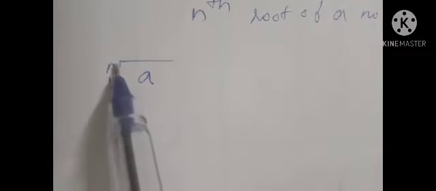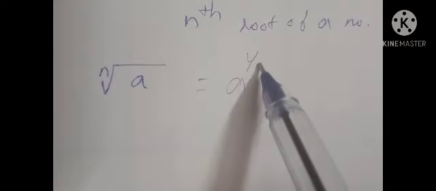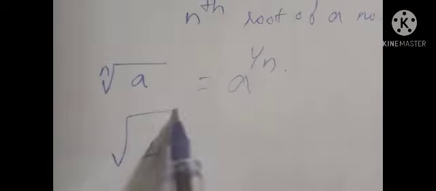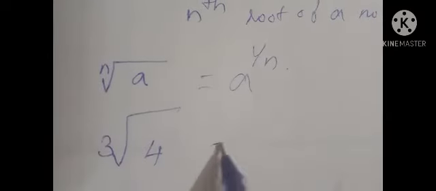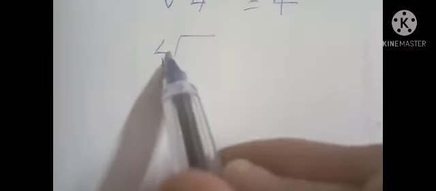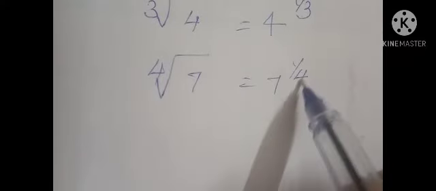That is, nth root of a is equal to a raised to 1 by n. For example, cube root of 4 means what? 4 raised to 1 by 3. Fourth root of 7 is equal to 7 raised to 1 by 4.